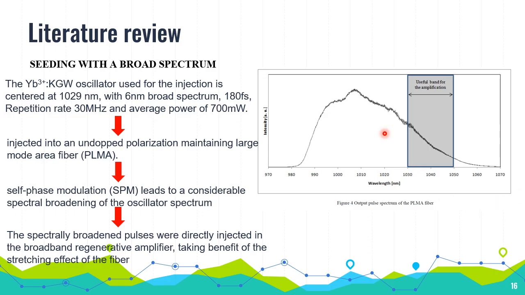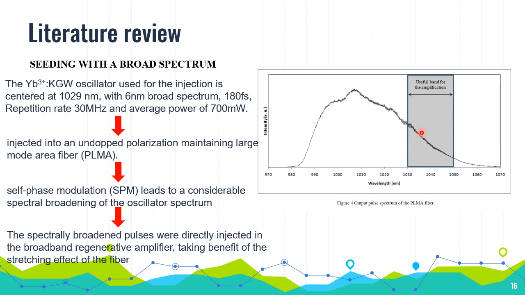And last, because the useful band for the amplification is around 1030 to 1050 nanometers in wavelength, but the initial light from the oscillator is centered at 1029 nanometers, with only a 6 nanometer broad spectrum.